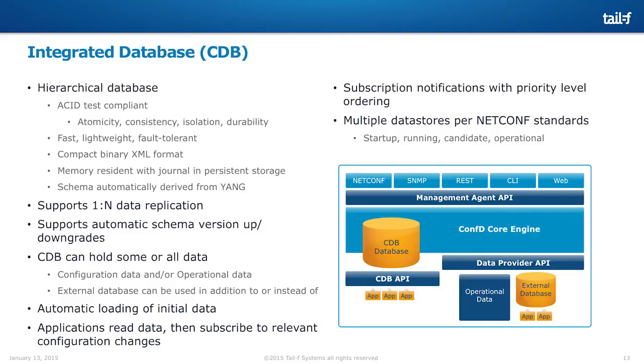The CDB data stores for configuration data are transactional data stores. So in the world of transactions, we have this concept of the acid test, or atomicity, consistency, isolation, and durability. These are the four characteristics which a transaction must meet in order to be a transaction.